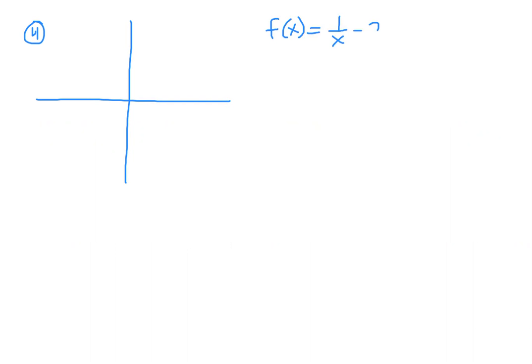The next section is actually graphing these, so this is how you're going to do it. We've got our graph, and we have our function. This is how I would do it. I would look at my function and I would write my asymptotes.